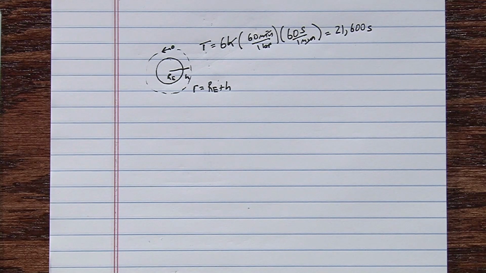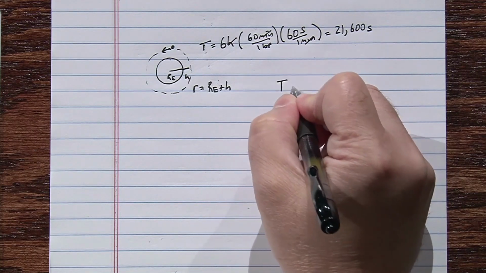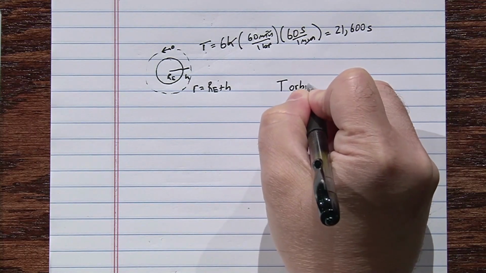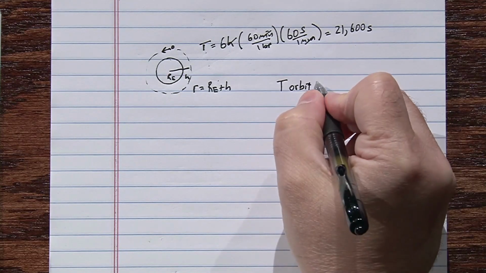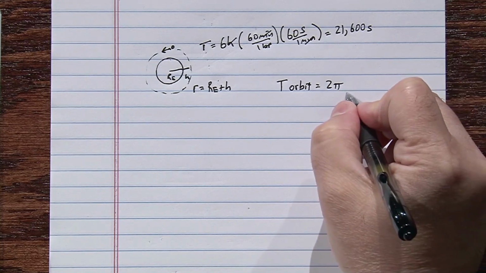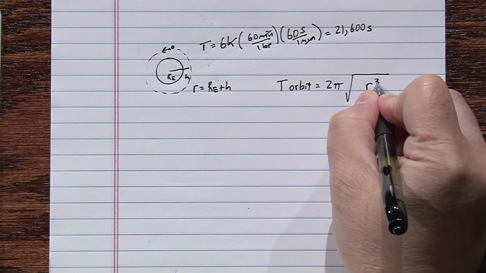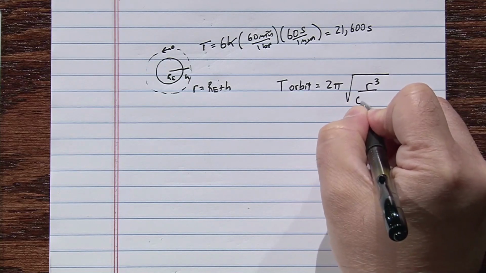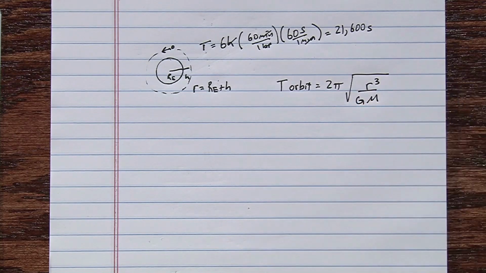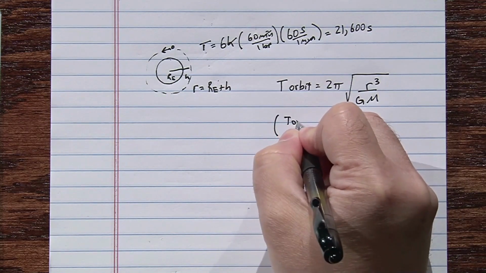And that is all of the information that we have. So we'll use our equation for the period of the orbit. Period of the orbit is equal to 2 pi times the square root of the radius of the orbit cubed divided by big G times big M. And so we'll divide the period by 2 pi and then square that.